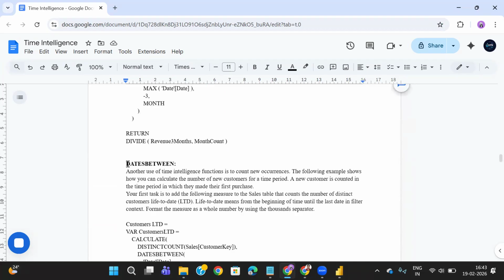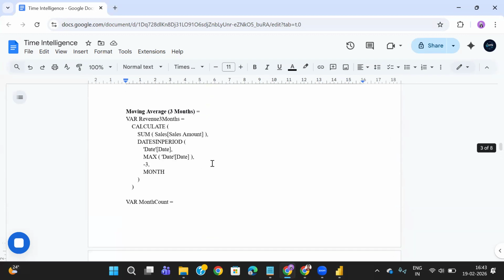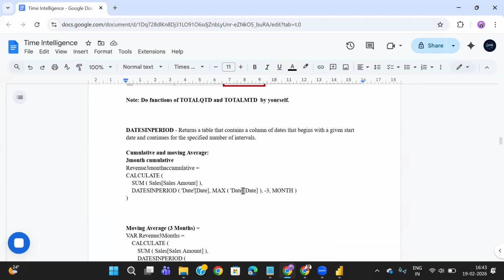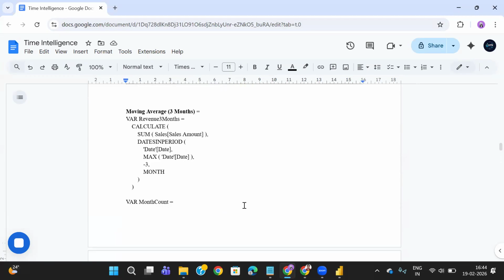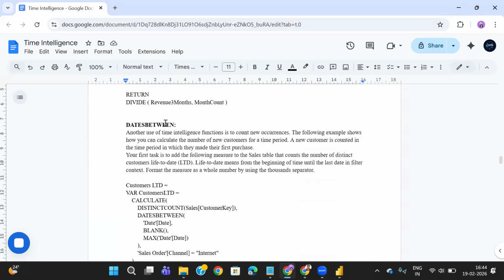Now we have dates between. As the name suggests, what is dates between? Here in dates in period, we have selected the max date, which means it's today's date, whatever we have selected. But when we use dates between, we can give the date, start date, and the end date according to us.